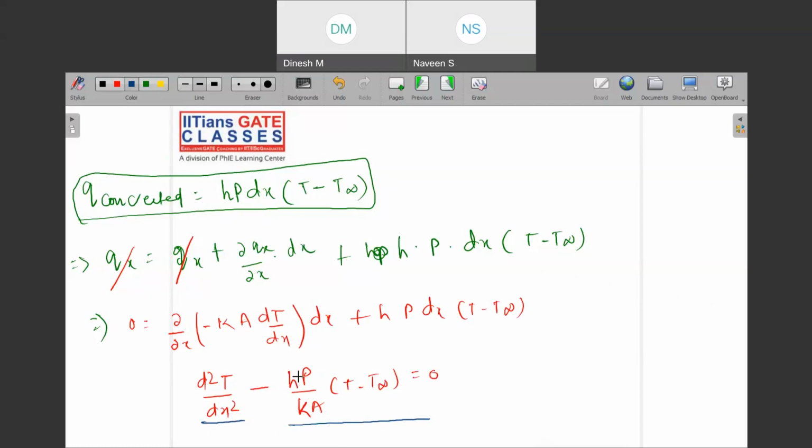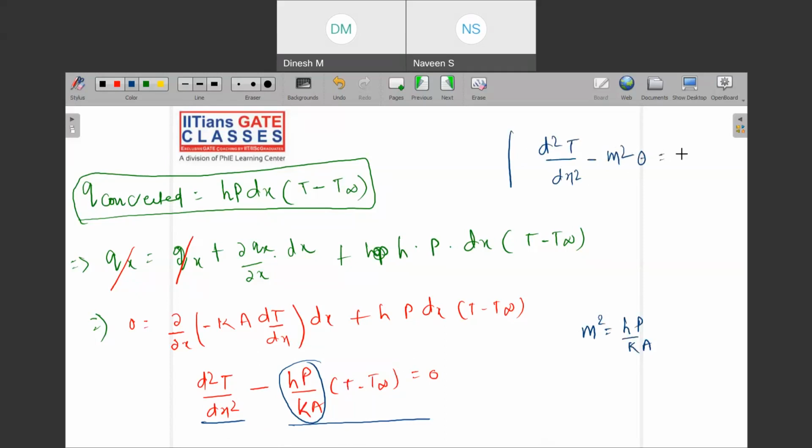So what we did is that we approximated this. Let us say all these things are constant: h is constant, P is constant, kA are all constant. So we consider that m square is equal to hP upon kA. Now I can write this equation as d square T upon dx square minus m square into theta equal to 0, where theta is T minus T infinity.